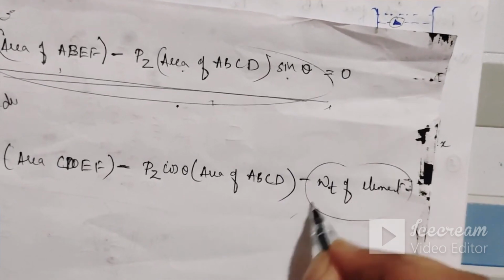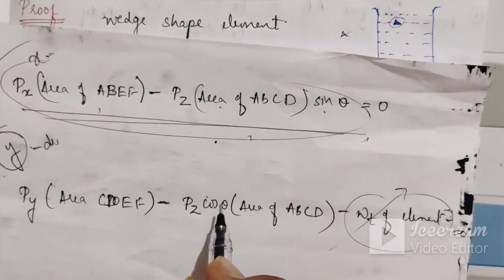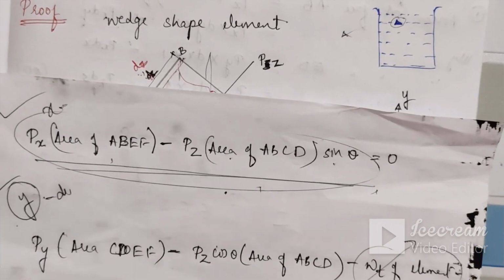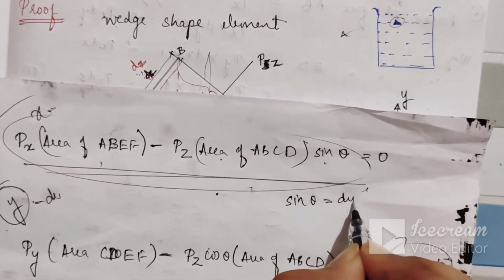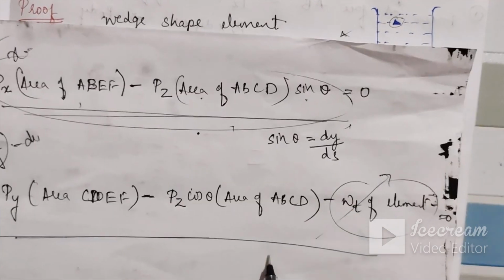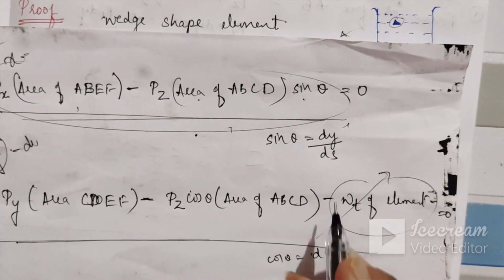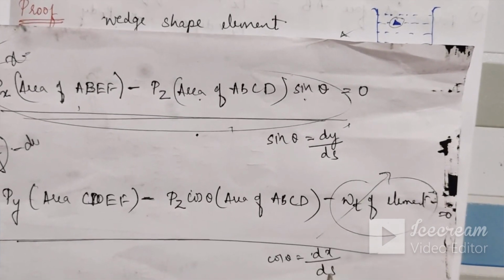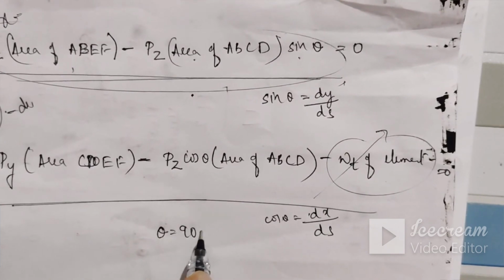Then also we have to take the weight of the element as 0 only. But the main change here is that we take sin theta as dy by ds and cos theta as dx by ds. Here we will not change the angle theta to 90 minus theta.